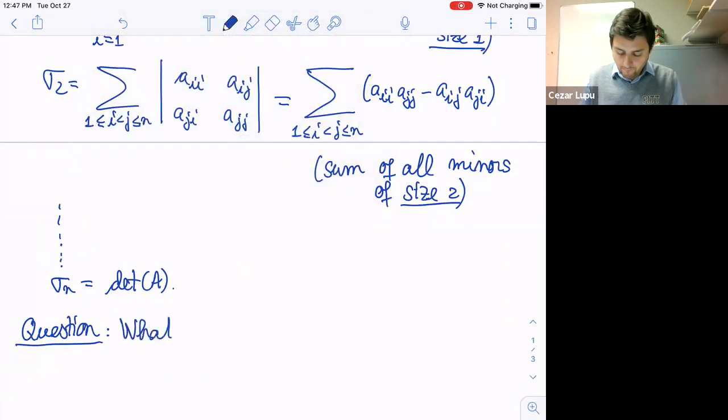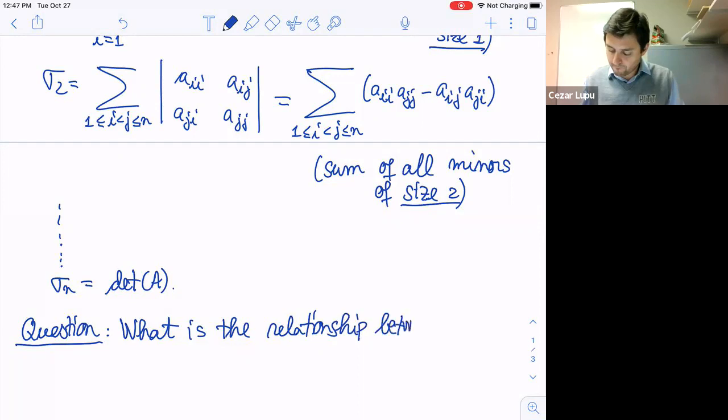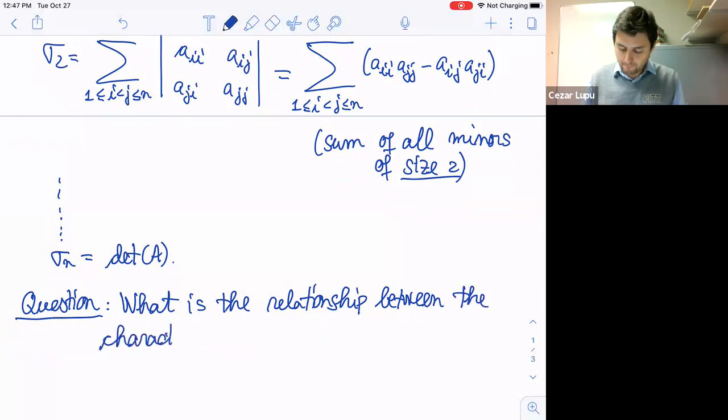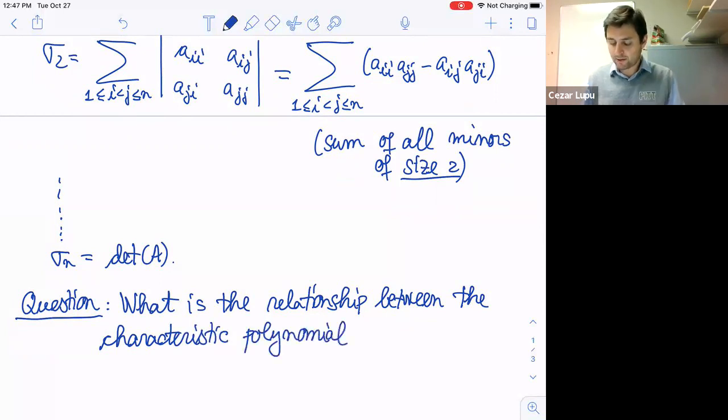What is the relationship between the characteristic polynomial, or rather the coefficients of the characteristic polynomial, and the eigenvalues of A?